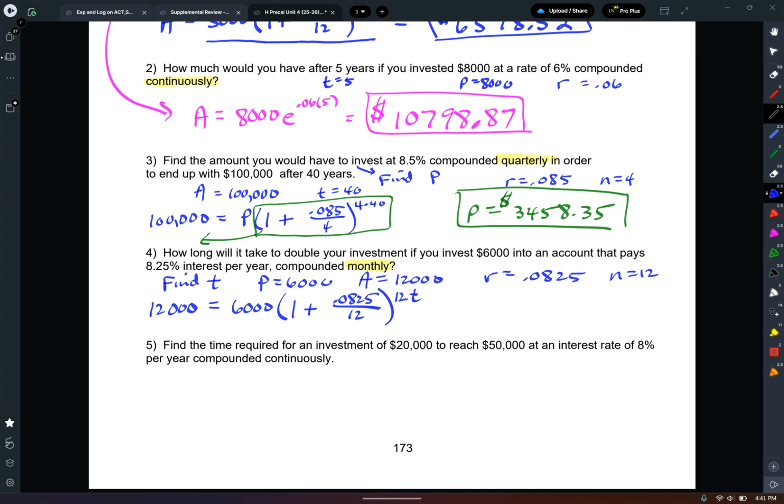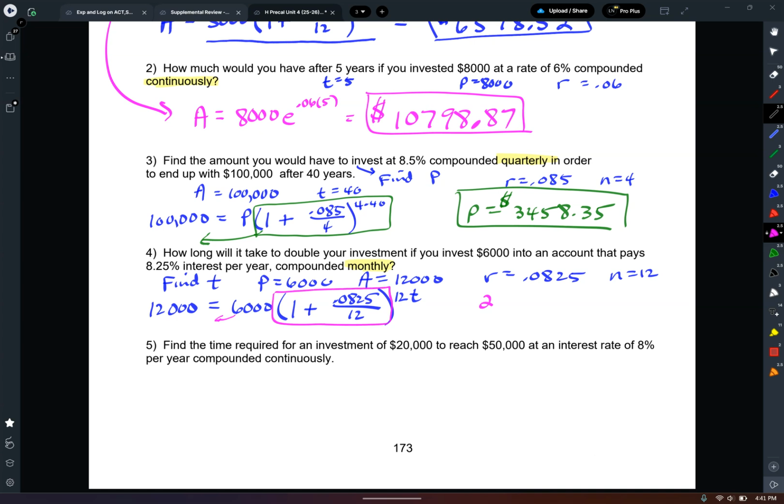In order to get the T out of the exponent, this is kind of like having a 5 to the x. I'm going to have to eventually change it to log form. But before I do, I want to get that exponential part by itself. So here's what I'm going to do. I'm going to, first of all, divide by that 6,000 so that all I have on the other side is 2. Okay? And then I'm going to figure out what this parenthesis is in my calculator.